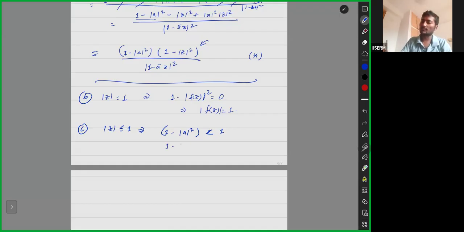And 1 minus mod Z square is also less than 1, right? So their product in the numerator is less than 1, and all of them are positive.